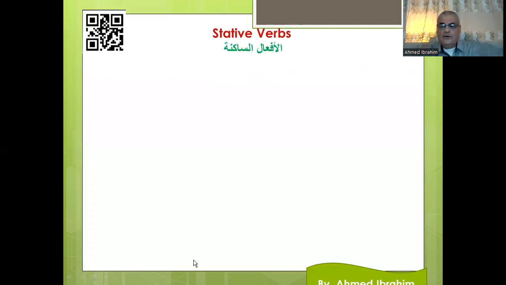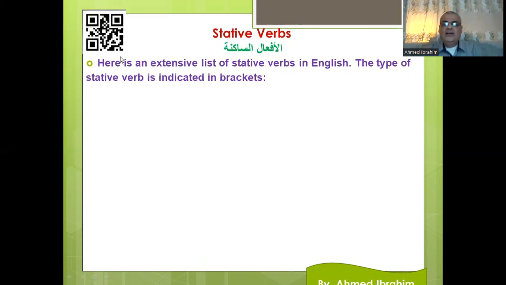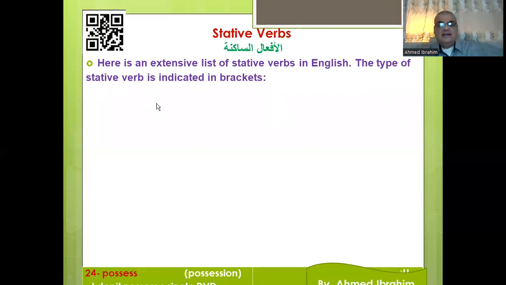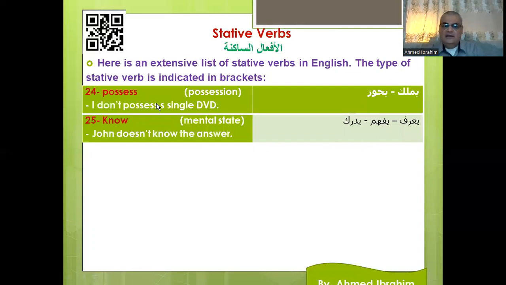Stative verbs. Here is an extensive list of stative verbs in English. The type of stative verb is indicated in brackets. Possess. I don't possess a single DVD. Know.